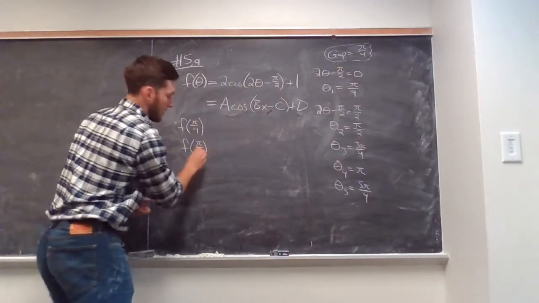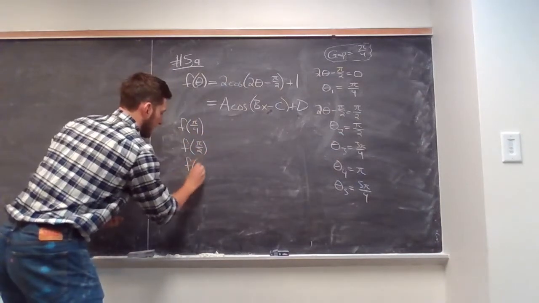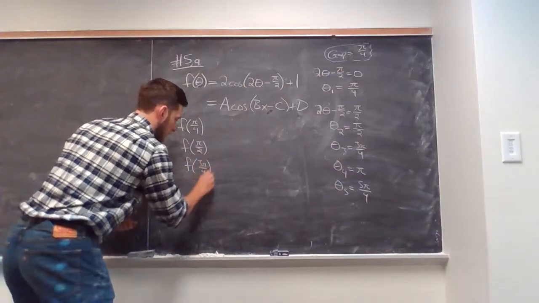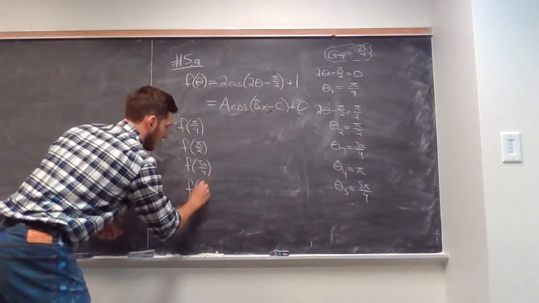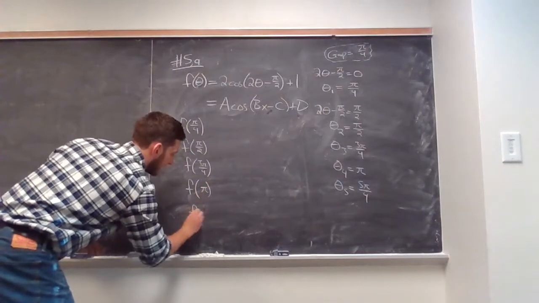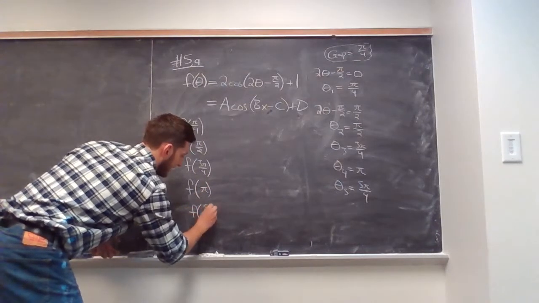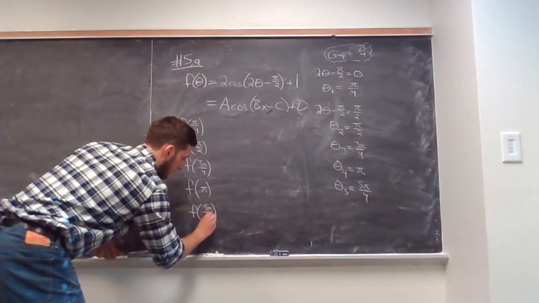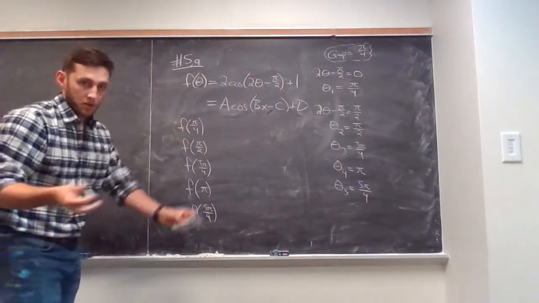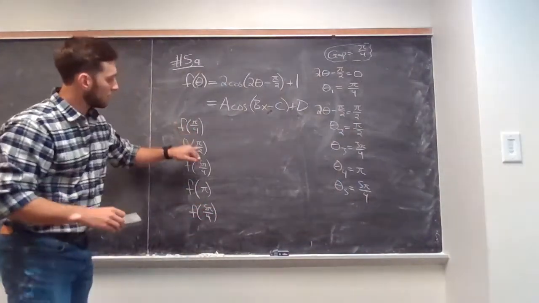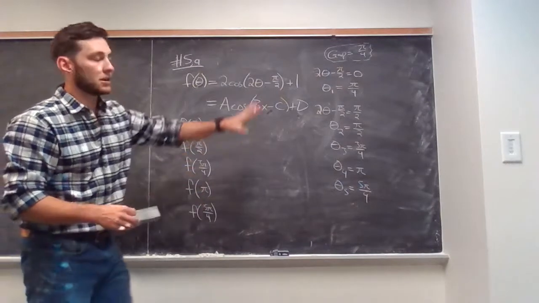I think this is the cleanest way to write it. F of 3 pi over 4, f of pi, and f of 5 pi over 4. Yet again, there are plenty of shortcuts, so keep that in mind. Since I have the important points labeled right here, I'm going to go ahead and erase that work.